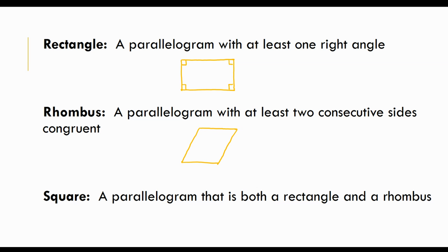So at least two consecutive sides congruent means that if these two sides, which are right next to each other, are congruent, and we understand that a parallelogram has opposite sides congruent, well, that means that all of the sides are going to be congruent when we have a rhombus. A square is both a rectangle and a rhombus, so that means that there are right angles and all four sides are congruent. So put it all together. Here are just a couple of little sketches of my figures.